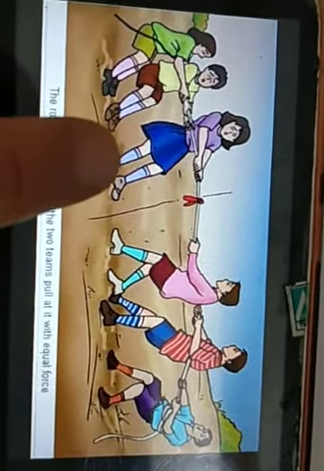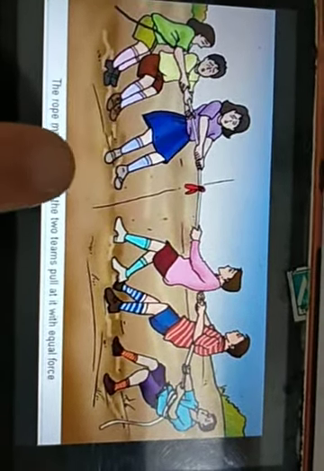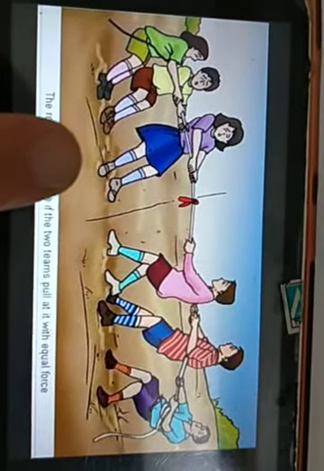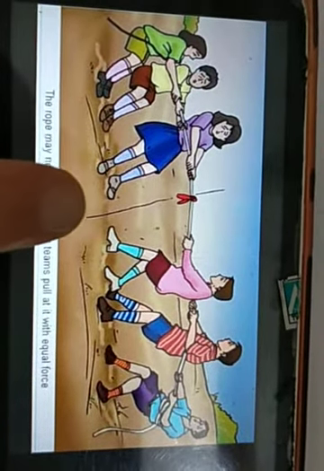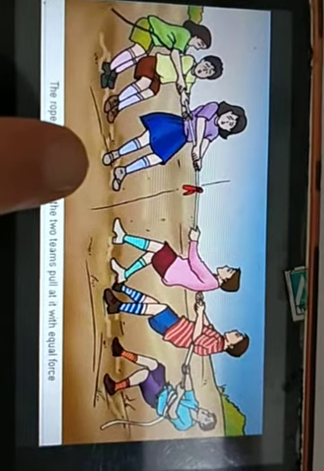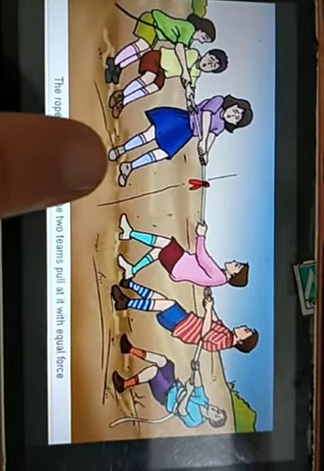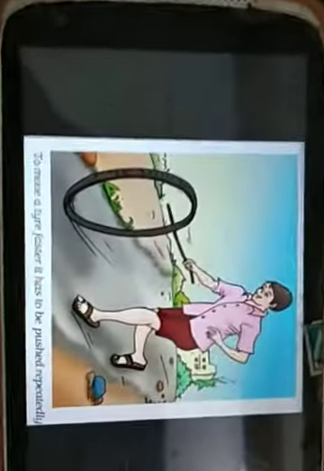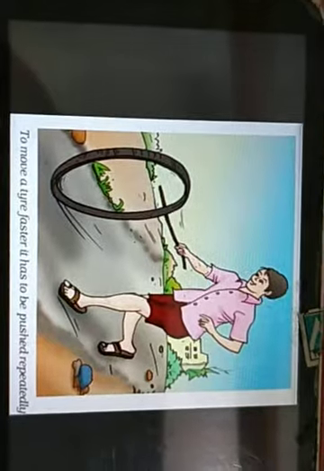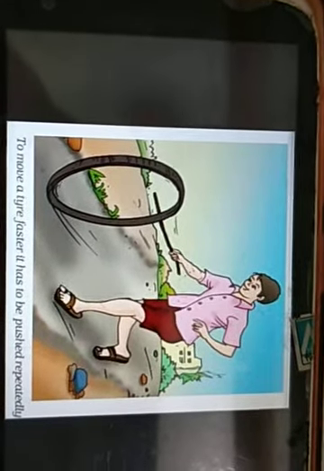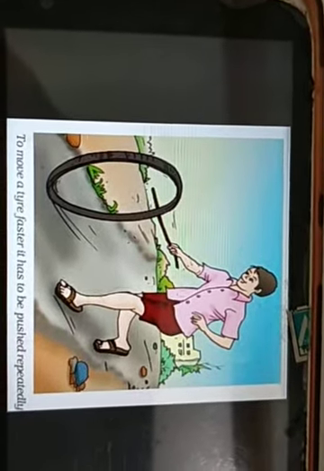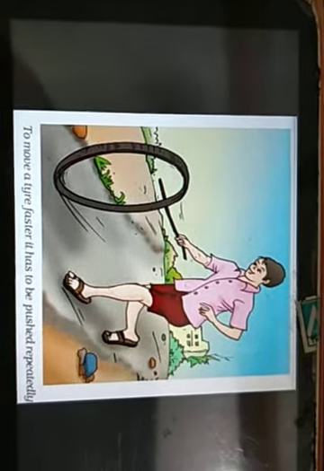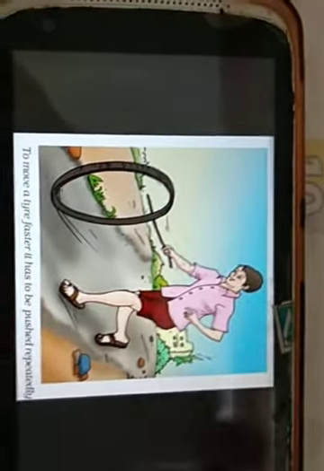For that also they are using the muscles of their hands, and they are also gripping the ground by using the muscles of their legs. So this is also a kind of muscular force. Next, this student is playing with a tire, and he is using the muscles of his hand to make the tire move in the forward direction.